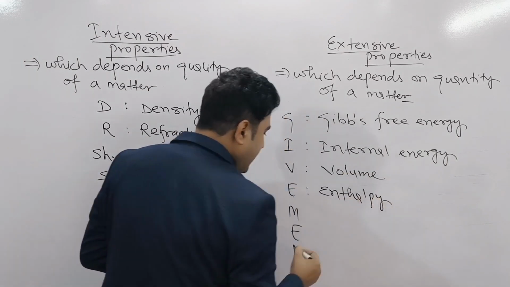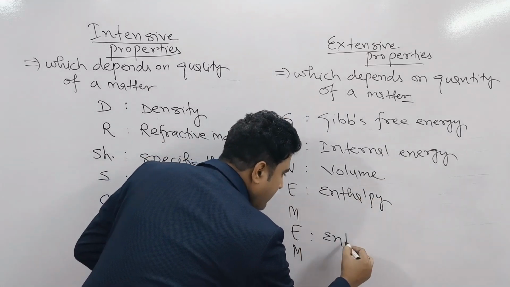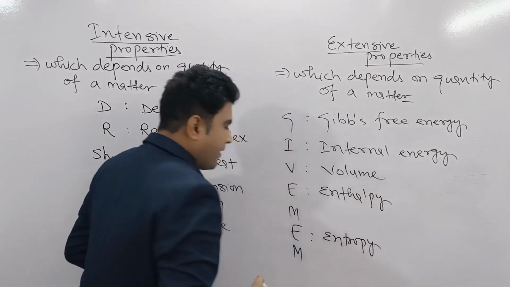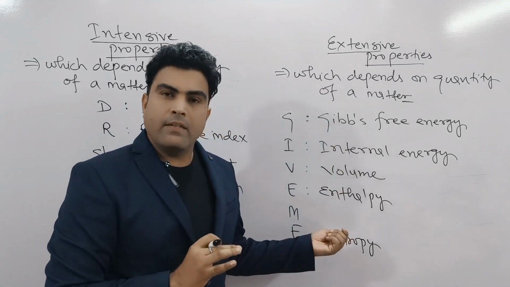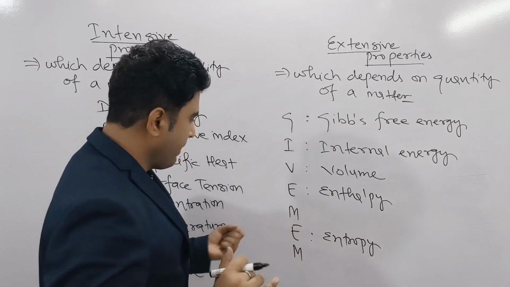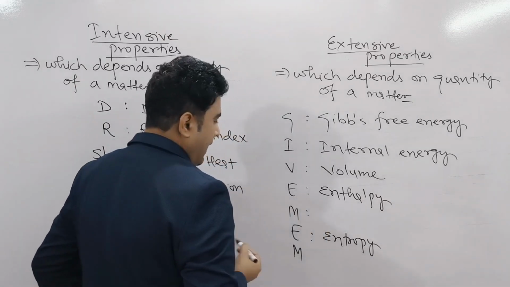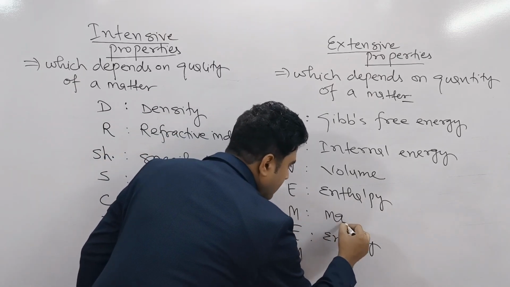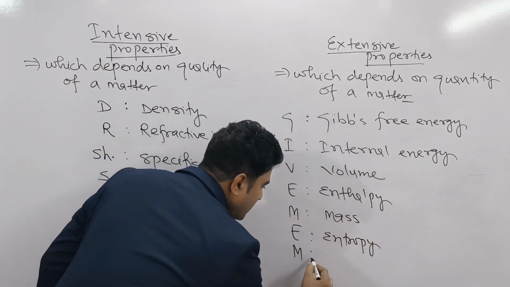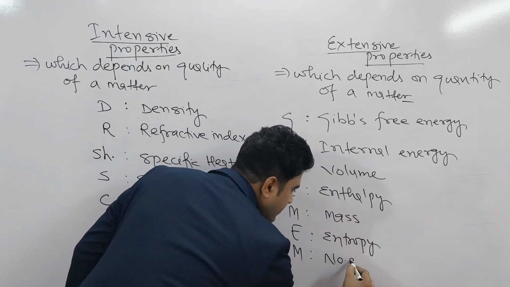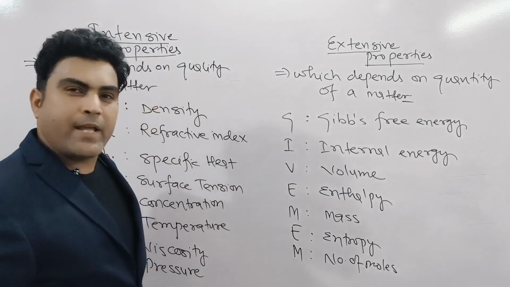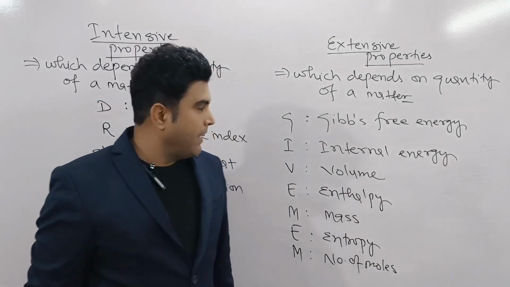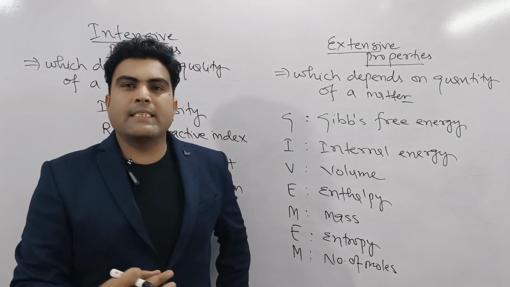And we have one more E, which stands for entropy. In this chapter, thermodynamics, we'll study these terms in detail. Don't worry. Here M stands for mass. And this other M stands for moles, number of moles. It's like Bond, James Bond. Like moles, number of moles. These are some examples of extensive properties.